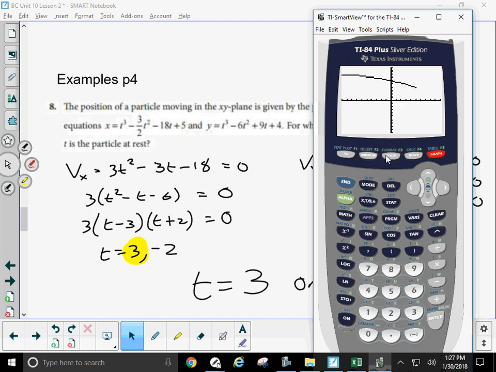Yeah, it's gone. And it's gone. There he goes. Zoom out once. Beautiful.